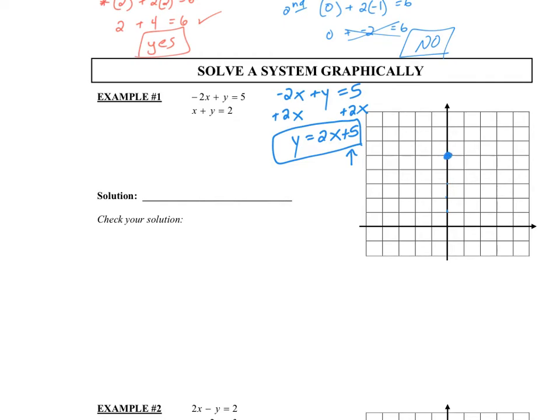The slope is 2, or 2 over 1, so that means you go up 2 to the right 1, or you can go down 2 to the left 1. And connect your dots. So your line will look like that.